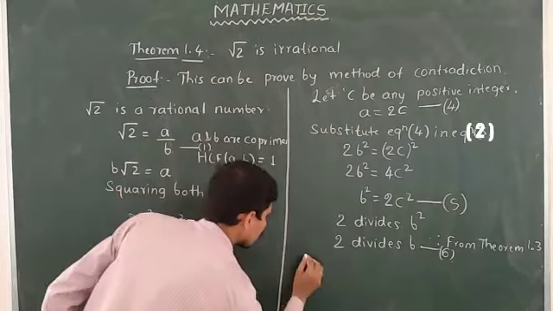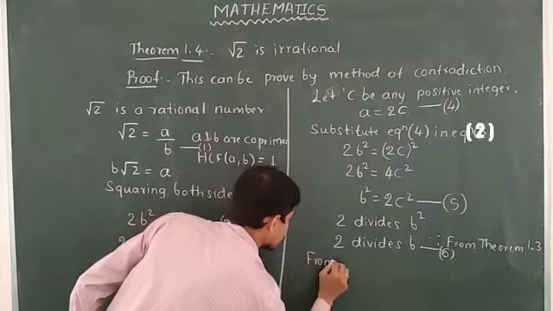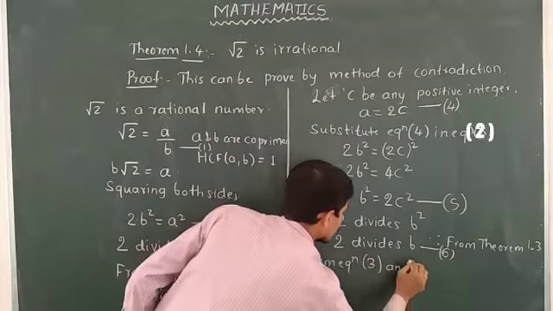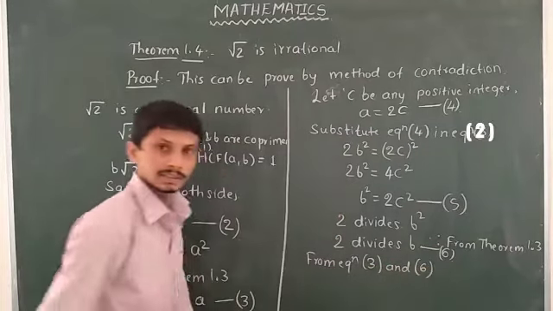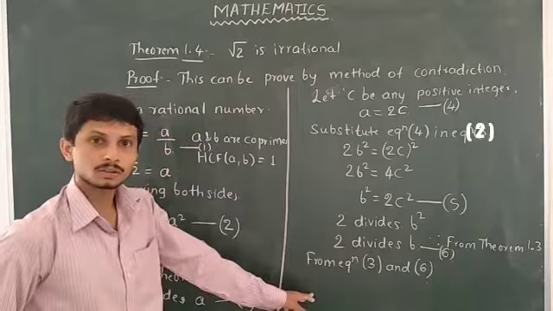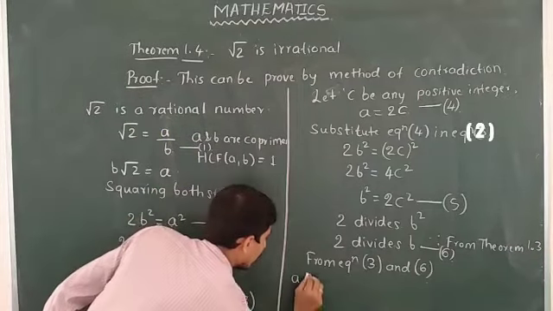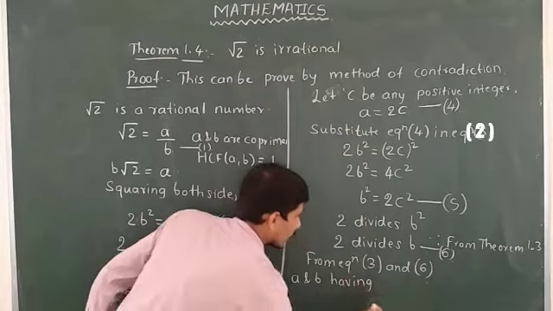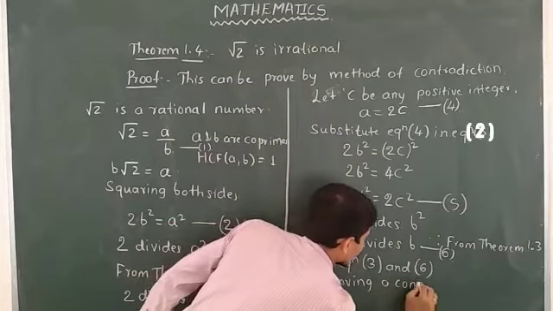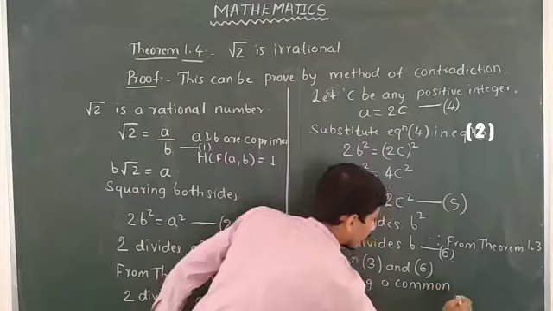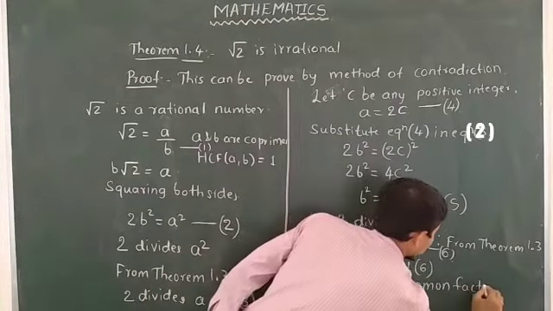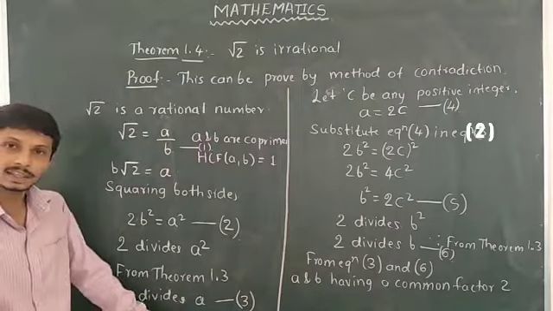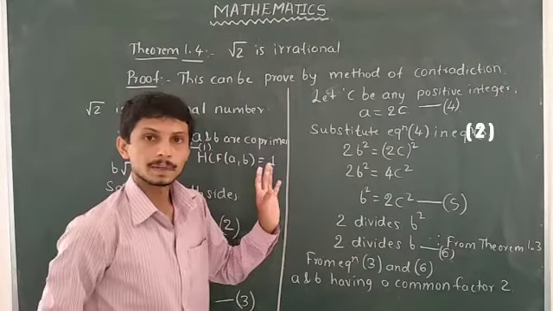So from equations 3 and 6, we come to the conclusion that a and b have a common factor 2, because 2 divides a and also 2 divides b.